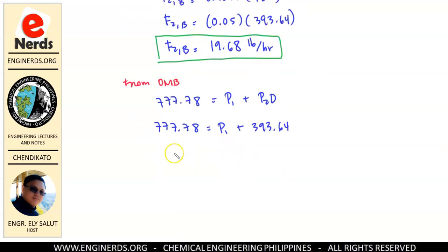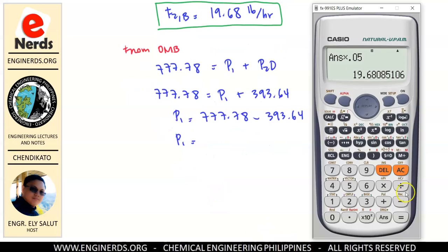So therefore our P1 is equal to 777.78 minus 393.64. So our P1 is equal to 777.78 minus 393.64.